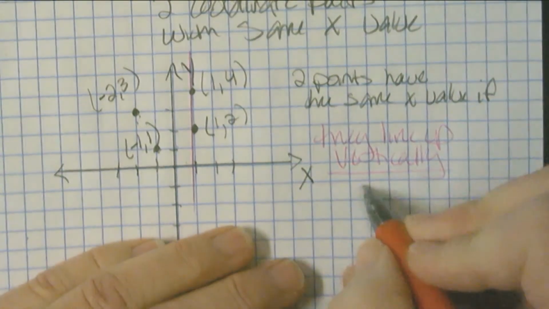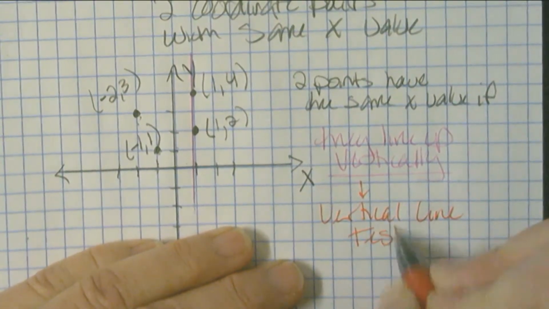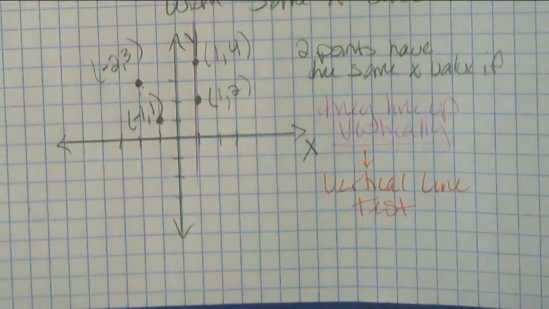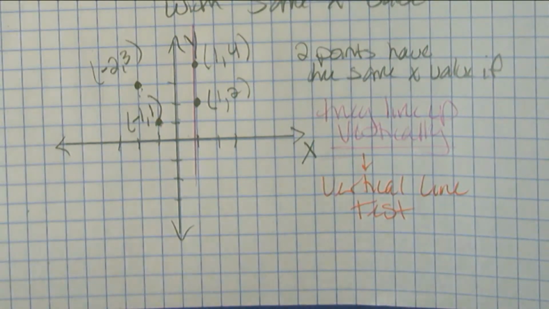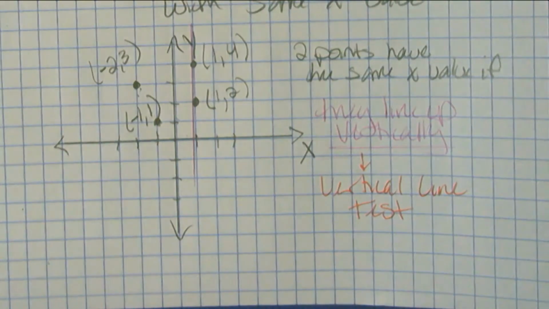This is called a vertical line test. That's how we determine if it's a function or not. So, if 2 points line up vertically, is this graph a function? If they line up vertically, that means they have the same x value. Does this graph represent a function if these 2 line up vertically?